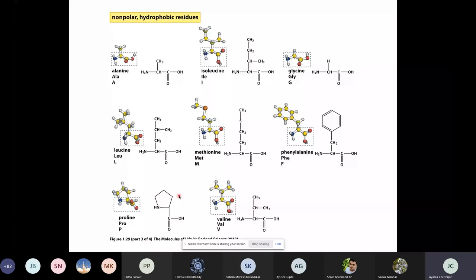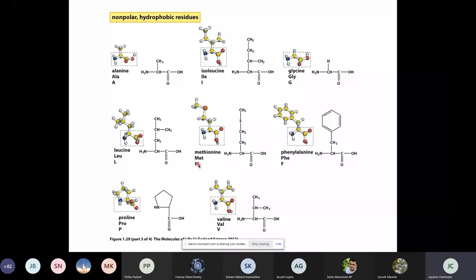Because of the cyclic nature, the rotation of the CN bond is restricted. Since the rotation of the CN bond is restricted, proline has very unique conformational features compared to any other amino acid. And the other thing that you might note, I will tell you in a minute.